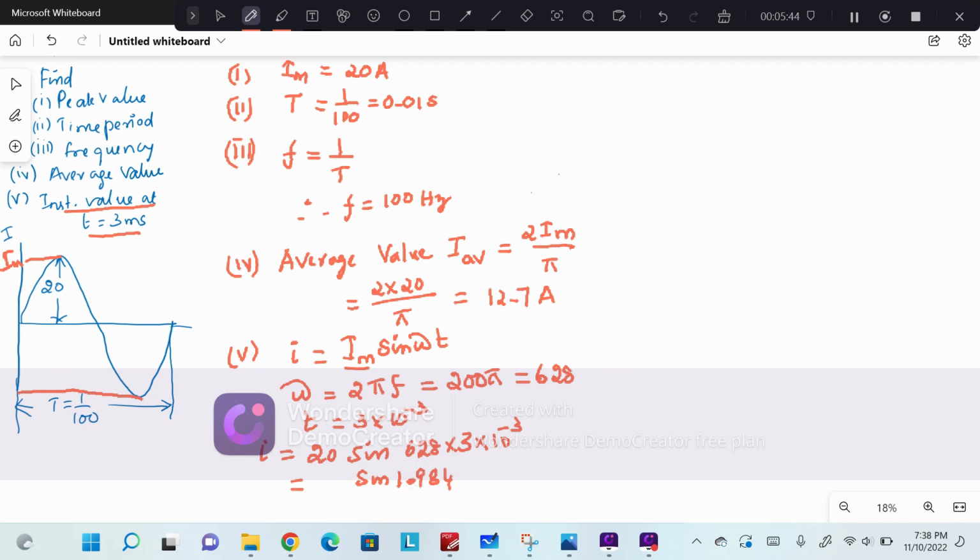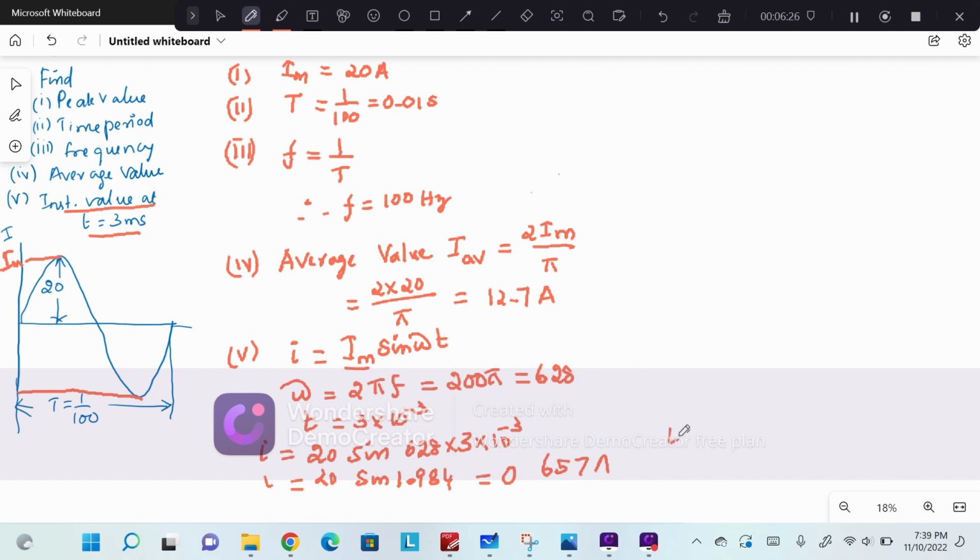So 20 sine 1.984. Let us find out sine 1.984 in the calculator. Sine of this value into 20 gives the instantaneous value as 0.657 ampere at 3 milliseconds.